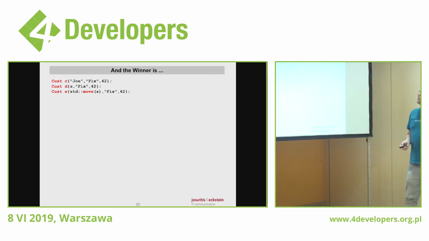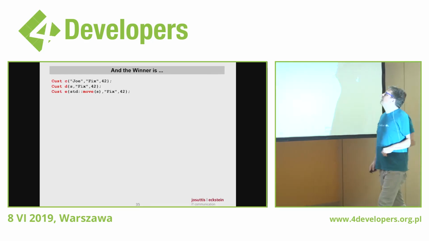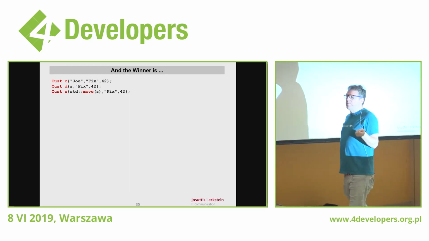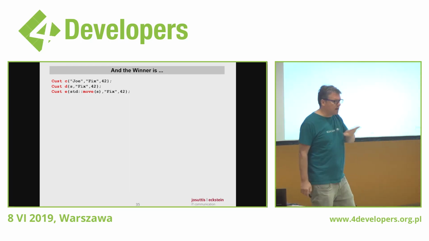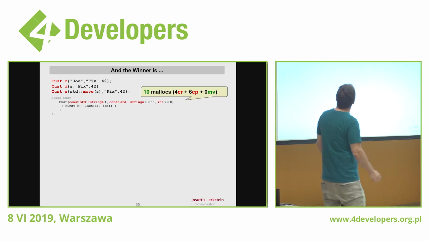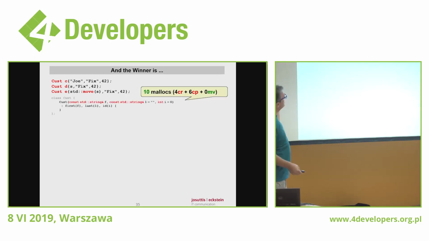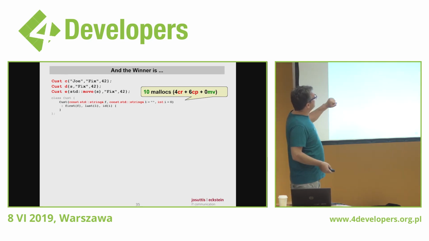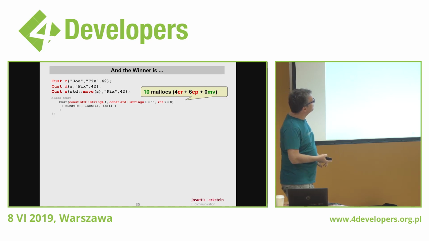Good. So we are done. We have found a couple of ways to initialize a customer with 2 strings. So just the traditional way, const string references, and then initialize the members, 10 mallocs.